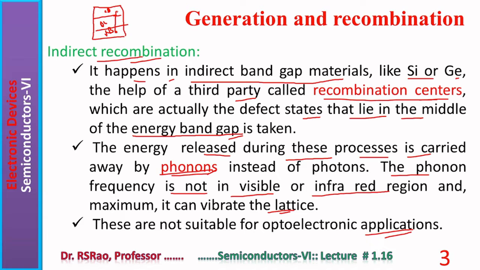In the first step, conduction band electron falls to a level that is within band gap, somewhere here. The electron stays in that state for some time and then it falls into valency band. So it is a 2-step process. Conduction band to valency band transition is a 2-step process. It can be 3 steps also, but it is not a single step, hence it is not direct band to band. For this reason, it is termed as indirect recombination.